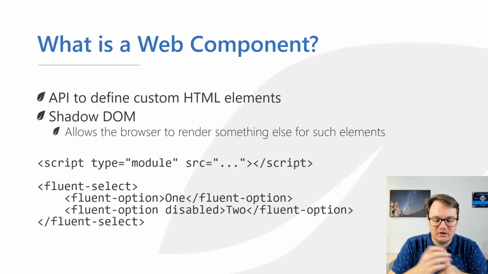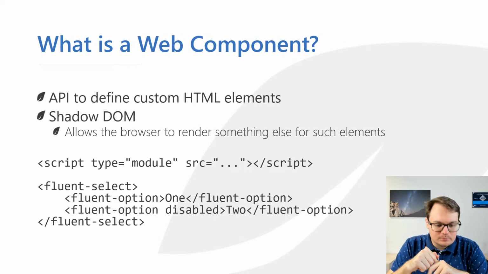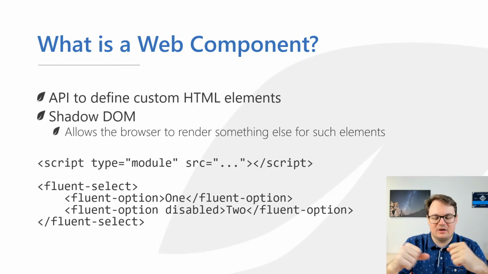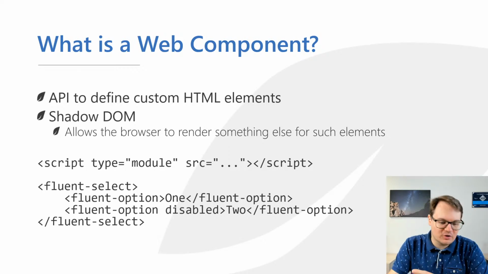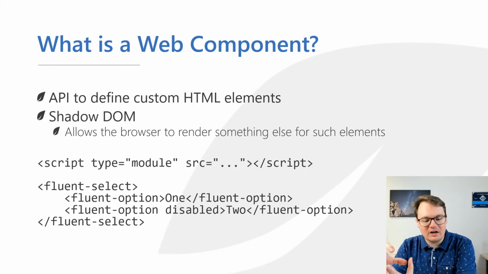So the first part of this standard is an API which allows you to define custom HTML elements and how these elements should behave. And the second piece of this puzzle is the shadow DOM, the document object model, and basically it allows the component to specify how this element should look.